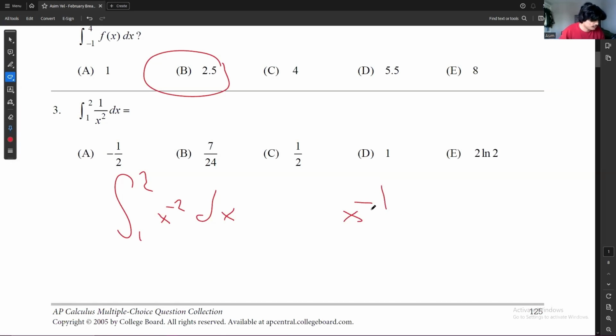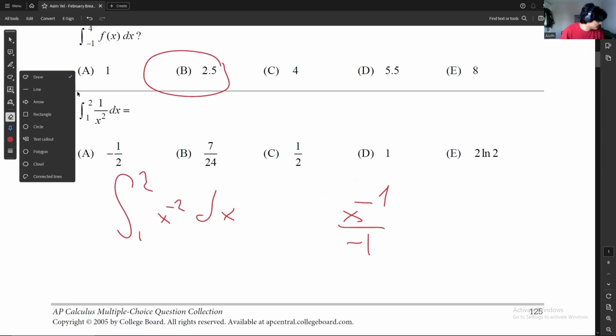This has to be -1 because you're adding -2 plus 1. So just don't make that mistake. Just be careful. Everybody can make that mistake. Then divide this by -1, because this is our new exponent, and dx. So actually this is the integrated version, so I'm not even going to write this.